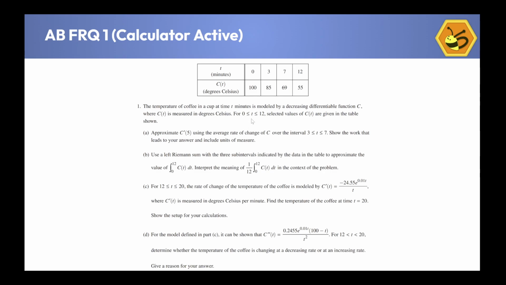For t bigger or equal to 0 and smaller or equal to 12, selected values of C(t) are given in the table shown. So from the first paragraph, we know that C(t) models the temperature of coffee in a cup that decreases over time.